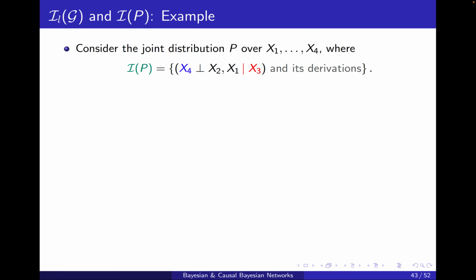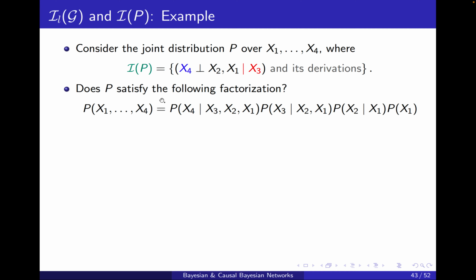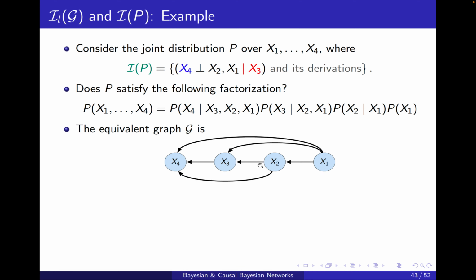Okay, another example. Consider the same P, with the same conditional independence. Does P satisfy the following factorization? This one is a little bit different. If you draw the graph, you will see that, well, in this case, it's exactly the chain rule, okay? So it will be a completely connected graph.